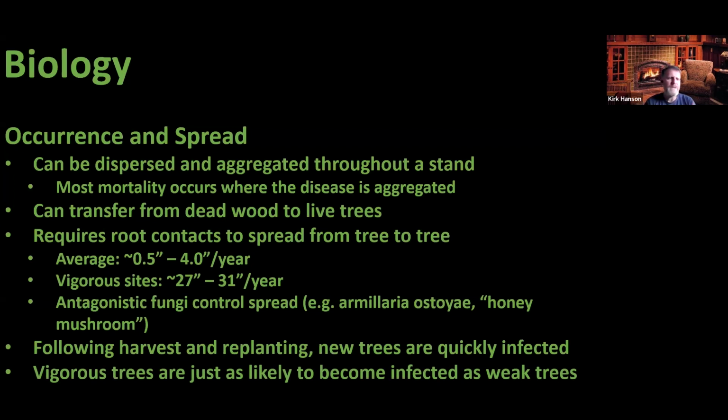So a tree may be weakened because of environmental factors, droughty soils, perhaps beetles, what have you, maybe other fungal pathogens. But this has been kind of a long-held misnomer that if trees are healthy and vigorous, their immune systems are strong, they'll be able to resist laminated root rot. And in the studies, the literature says that that is not the case, that root rot will just as readily infect a healthy, vigorously growing tree.